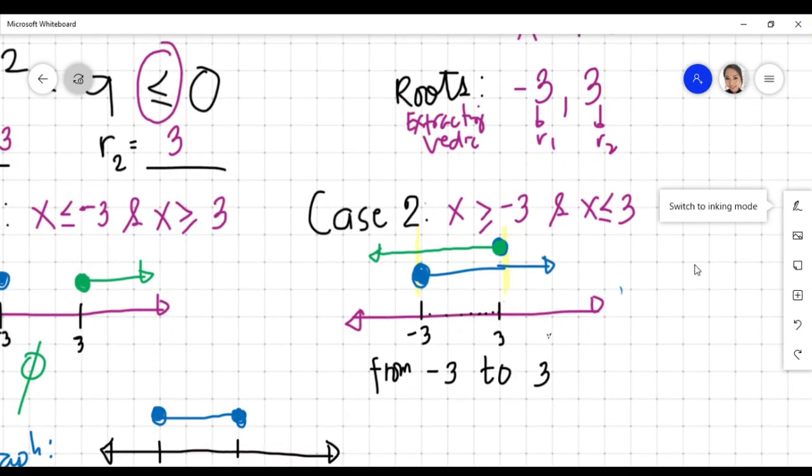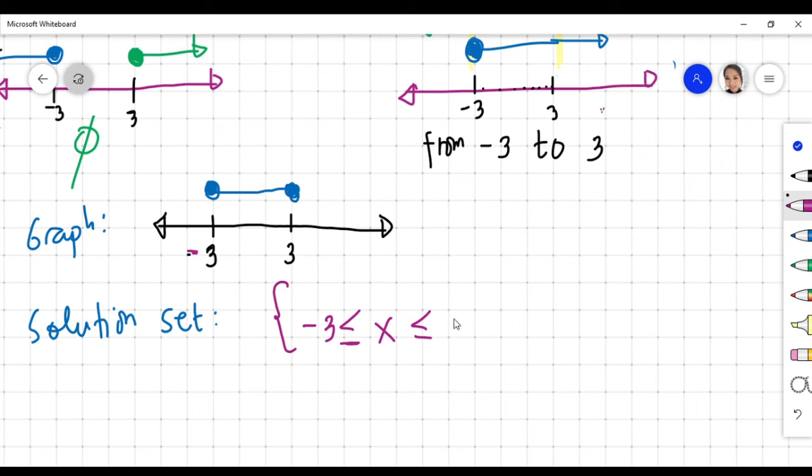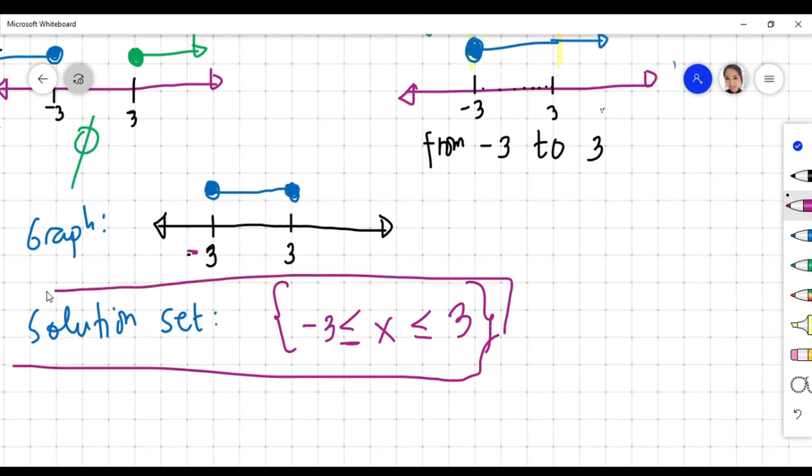So our solution set is negative 3 less than or equal to x less than or equal to positive 3. It means that the solutions start from negative 3 up to the numbers to positive 3. So this is our solution set, and this is our graph.